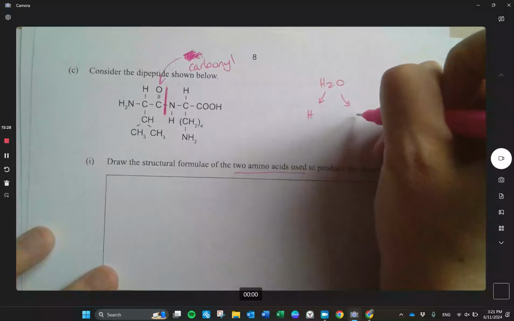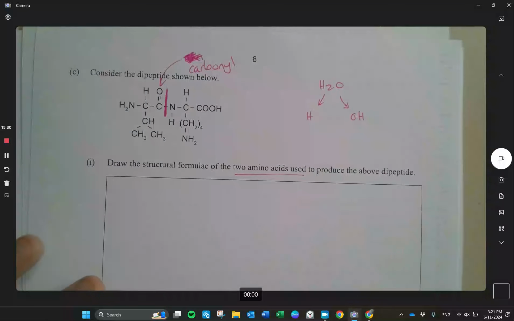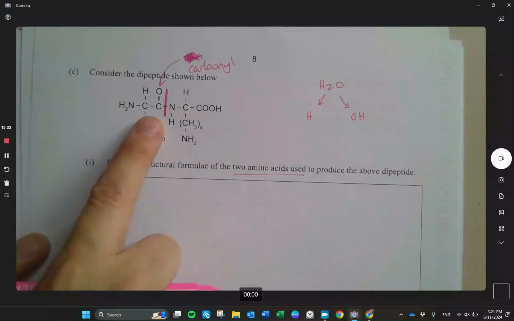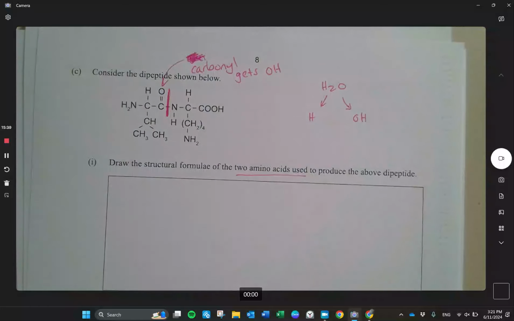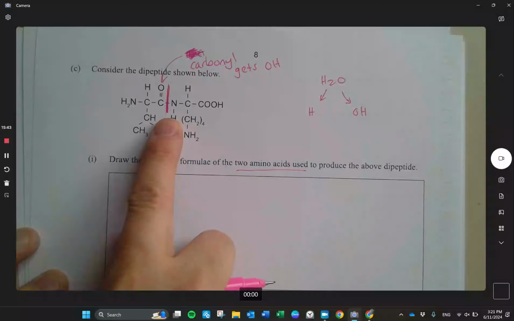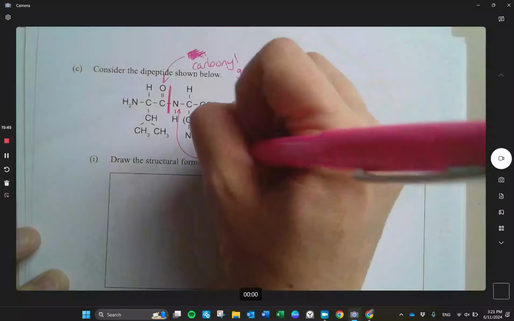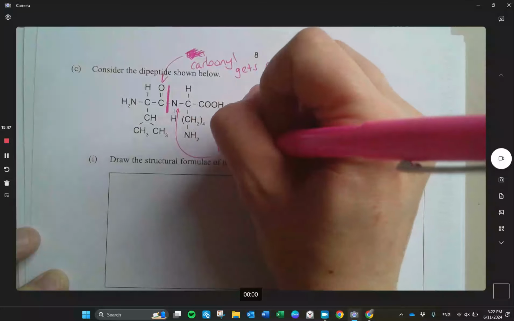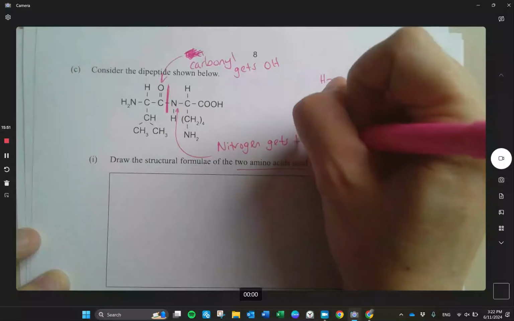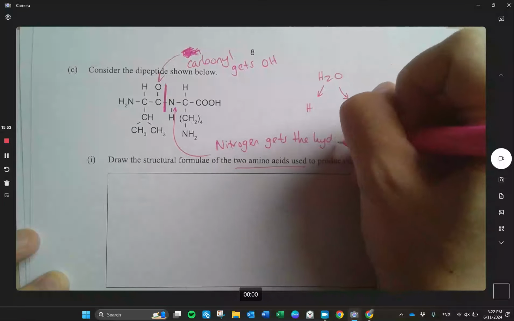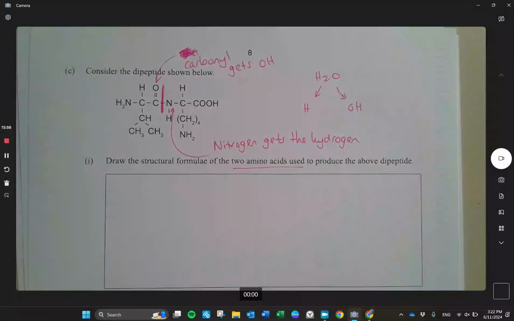And then the amine half, which is that one here, the nitrogen, gets the hydrogen. So all you've got to do is break the molecule apart, stick the OH on this one, stick the hydrogen on that one, and you have the answer.